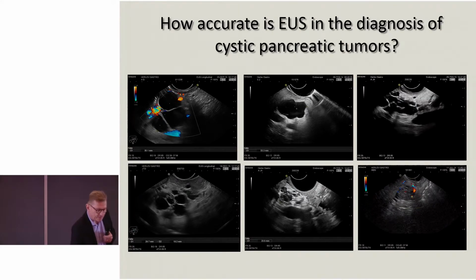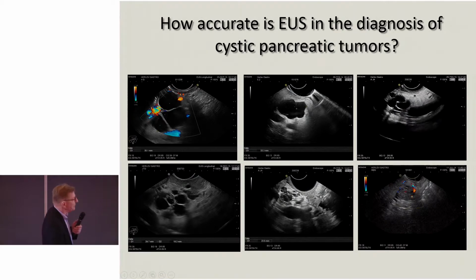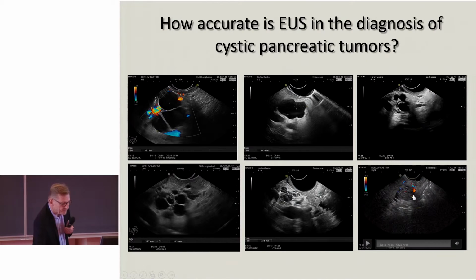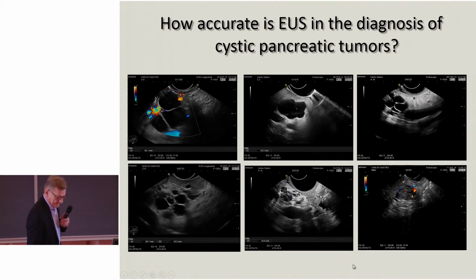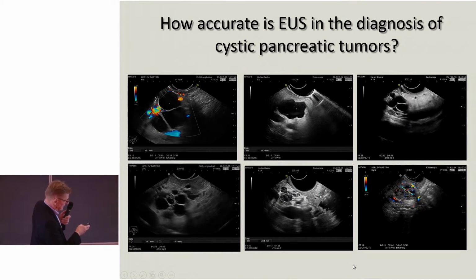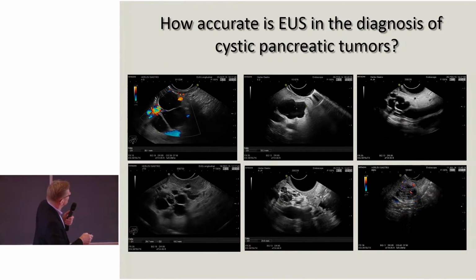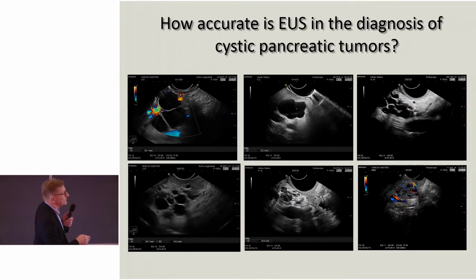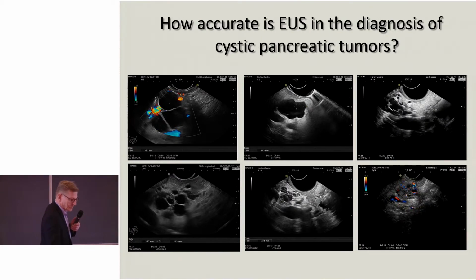And we might say that this is probably an IPMN or a mucinous cystic neoplasm. And we might say that this is most probably a multicystic, vascularized lesion, a serous cystadenoma most likely, but we can't be sure.